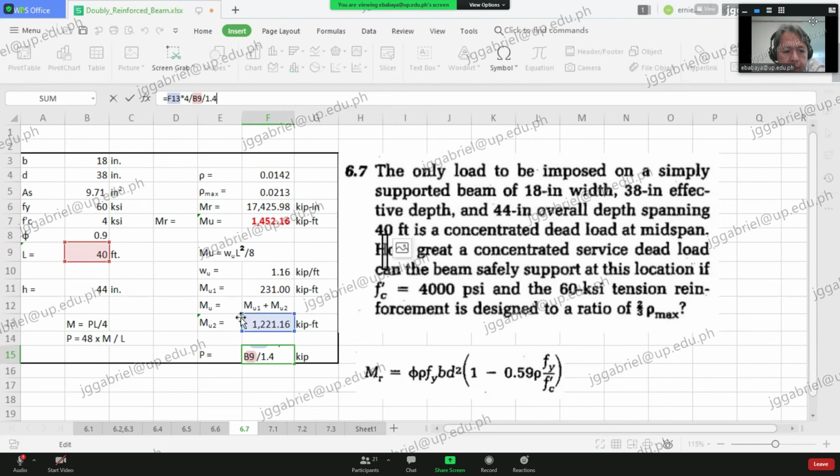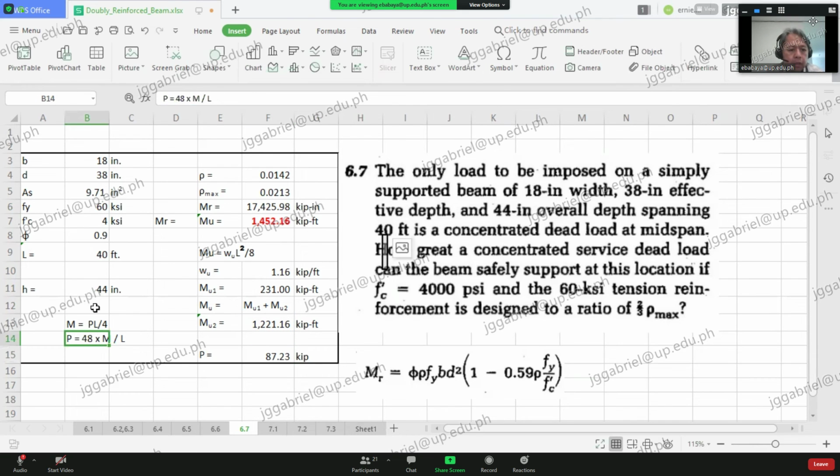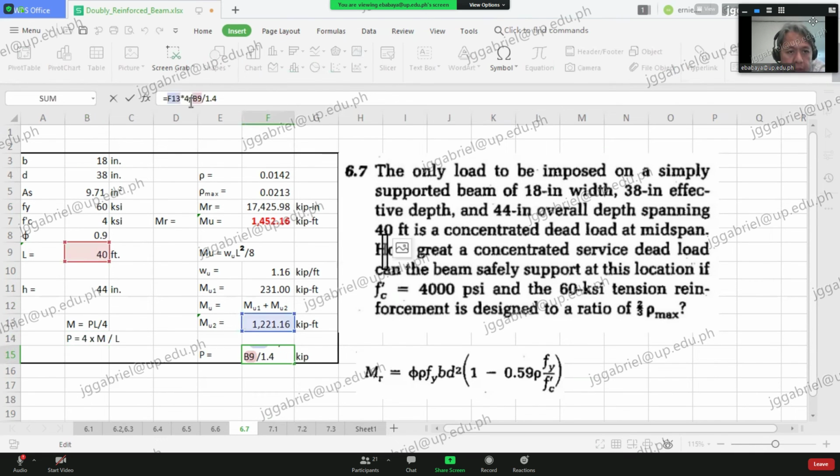Okay? Wala yung 8 dito. So, that's 4. So, 4 times M. In this case, yun ang MU2 natin. Divided by L. L is 40. So therefore, our P is 87.23 kips.